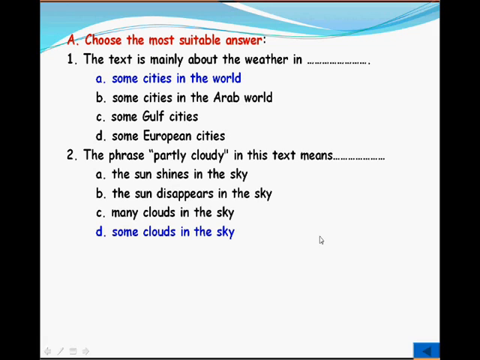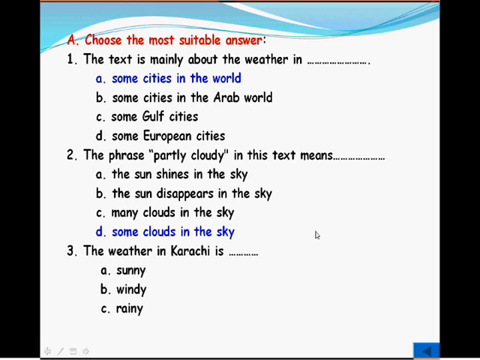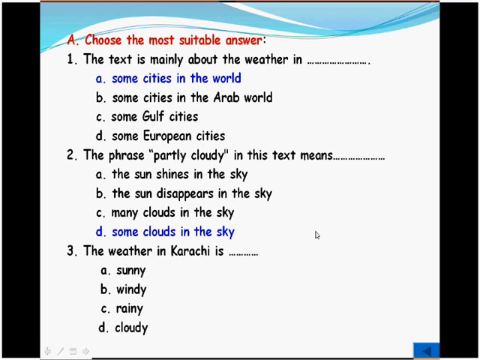Very good. Number 3. The weather in Karachi is A. Sunny, B. Windy, C. Rainy, D. Cloudy. Again, let's have a look at the passage, and remember the key word here is the word Karachi.